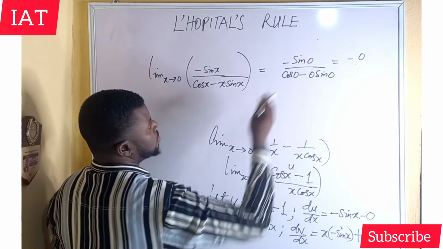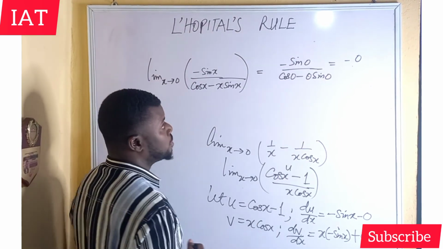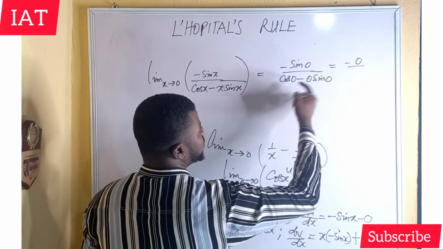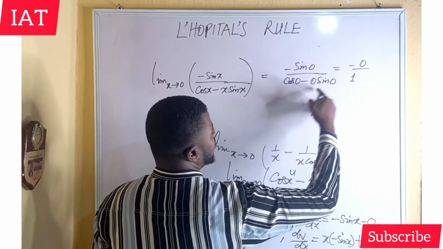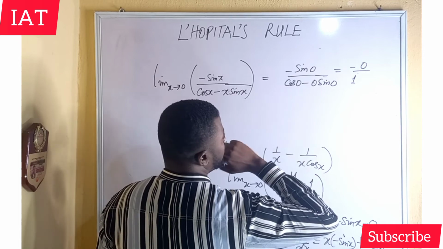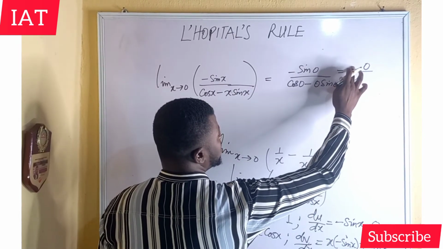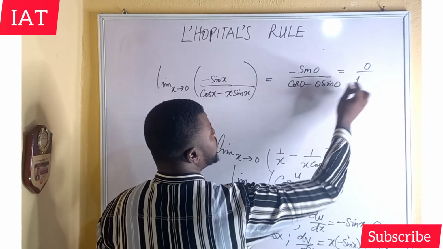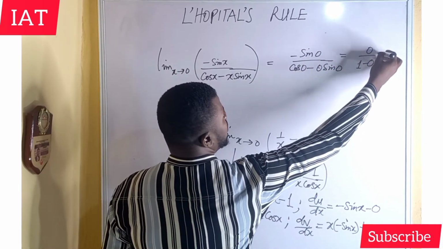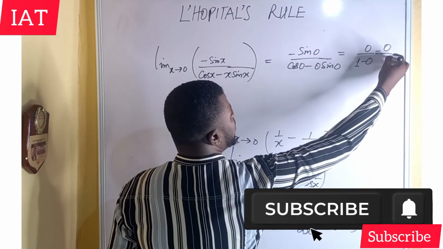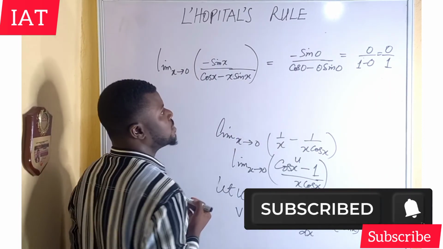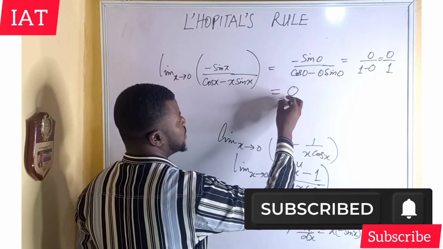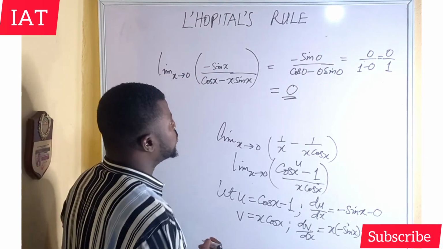Of course, 0 times anything is just 0. Here cos 0 is 1, minus 0 is just 0, and 0 times sine 0 is 0, and we have 0 over 1. So what is 0 over 1? 0 over 1 is the same thing as 0. So 0 is the solution.